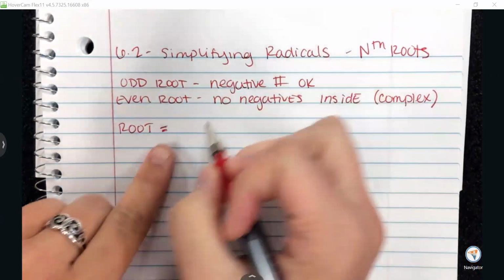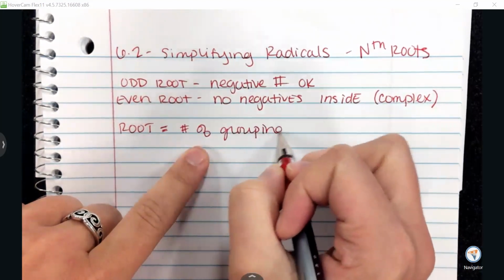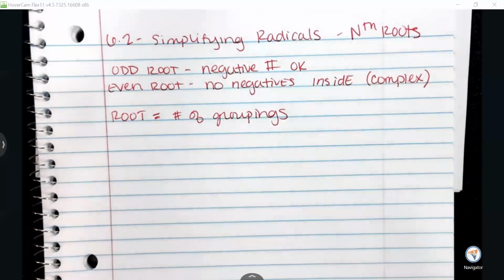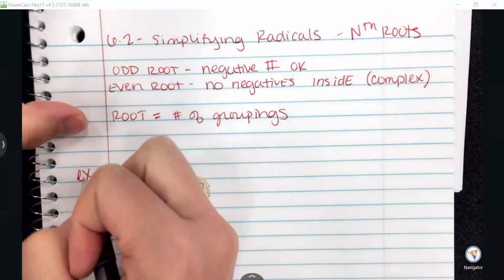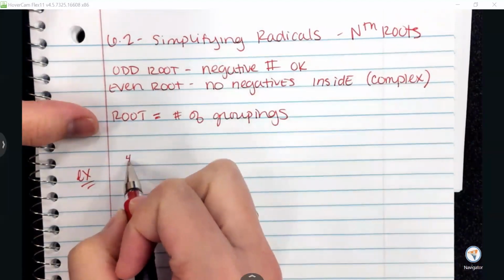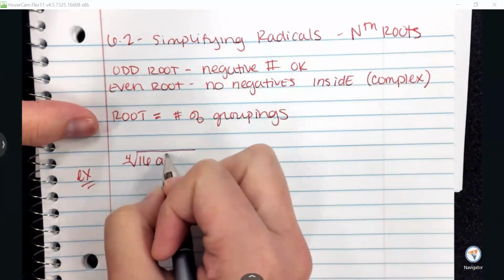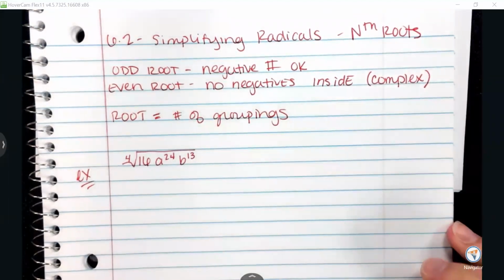So the root equals the number of groupings, or how many of a kind, 3 of a kind, 4 of a kind. Okay. So my first example: I need the 4th root of 16, a to the 24th, b to the 13th.